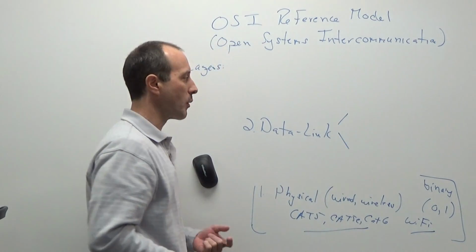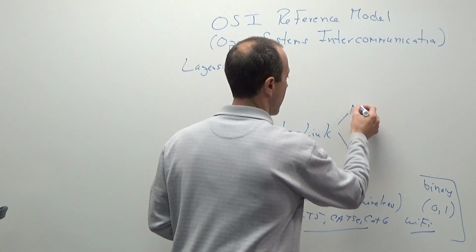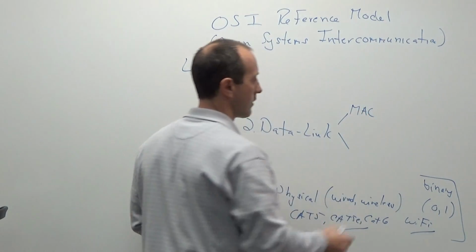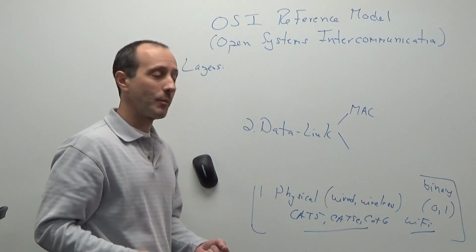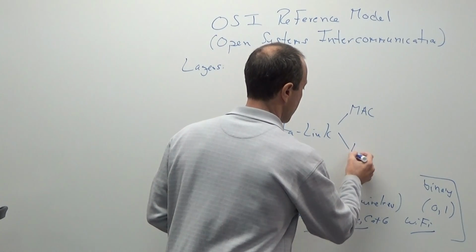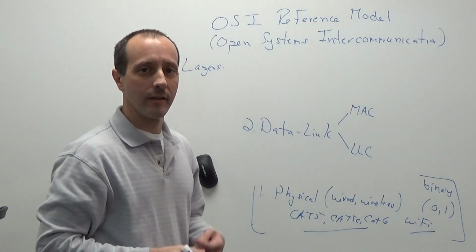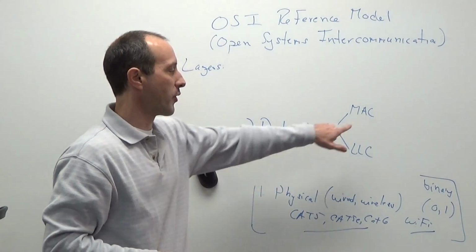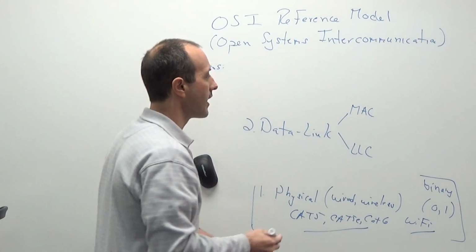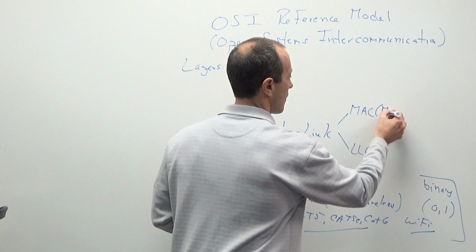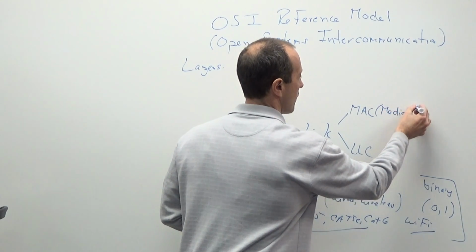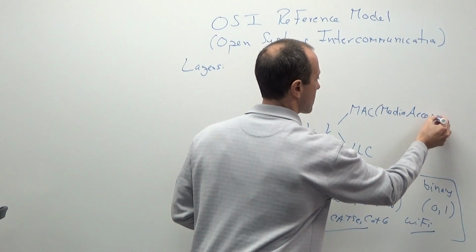The first sublayer we want to talk about is the MAC sublayer. The second sublayer we want to talk about is the LLC sublayer. So a lot of us in information technology are familiar with the MAC concept, Media Access Control.